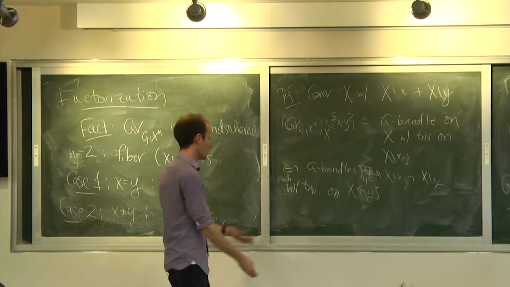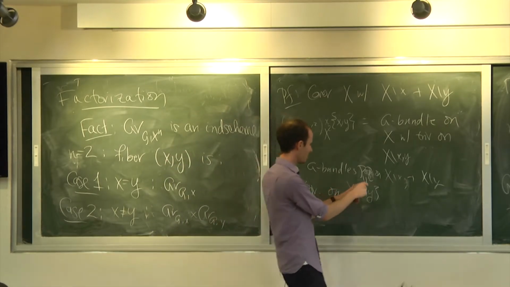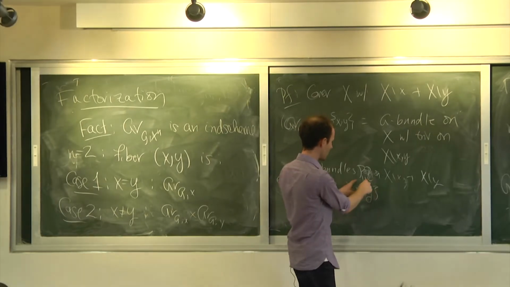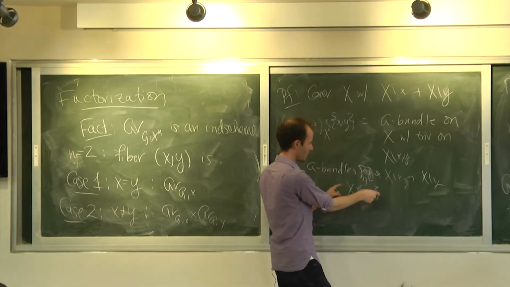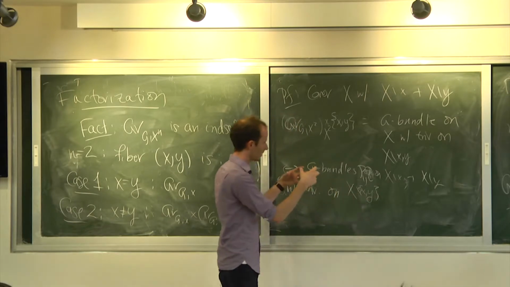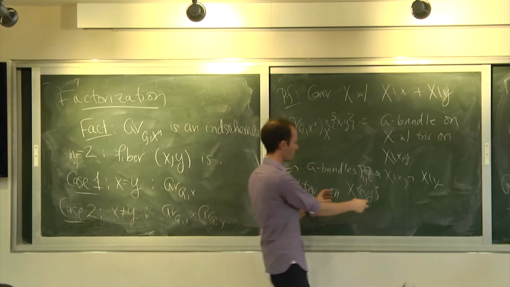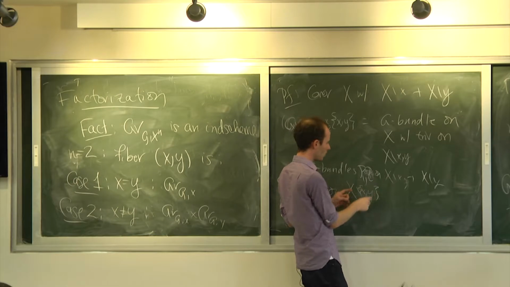And the good news is that now, since these points are different, giving a G bundle on X minus x with a trivialization here is the same as giving a G bundle on X with a trivialization away from the point y.